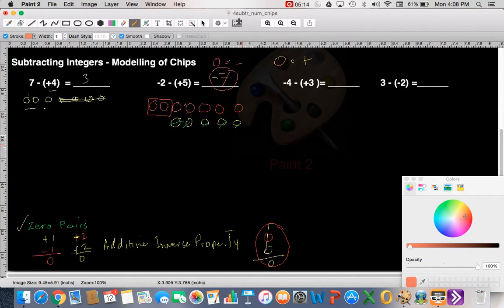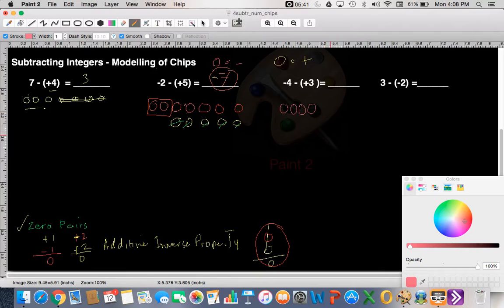That's quite difficult. Let's try this one again. So you have negative 4. 1, 2, 3, 4. Now you are taking away positive 3. However, you don't have anything here to take away. If you add the 0 pairs, you can take away something.